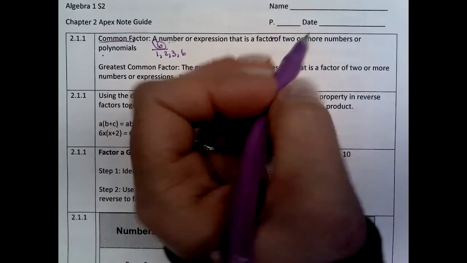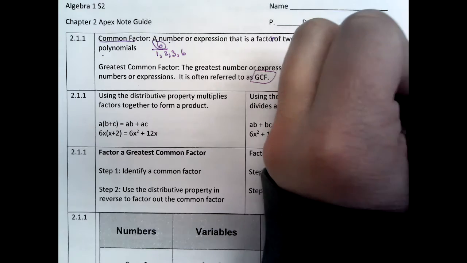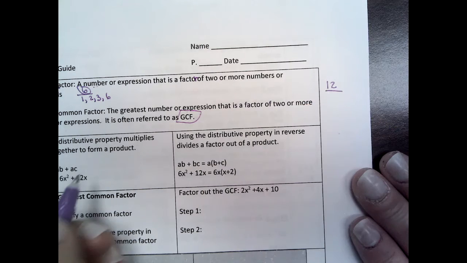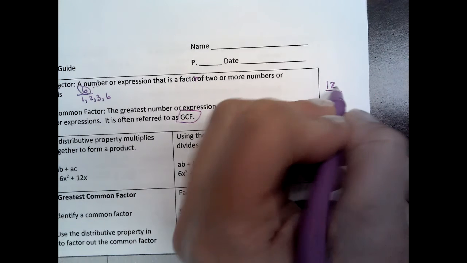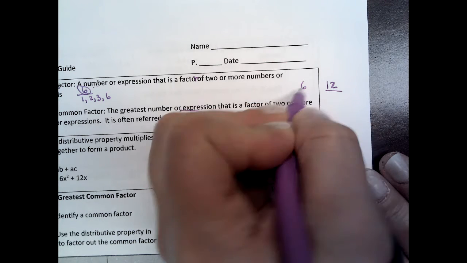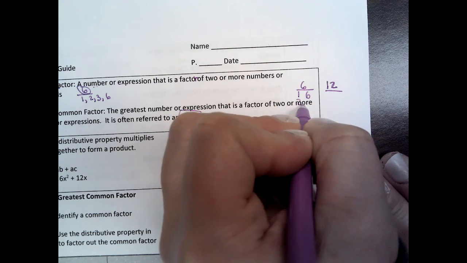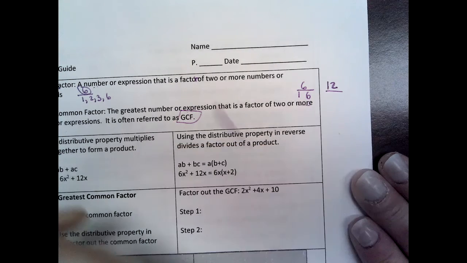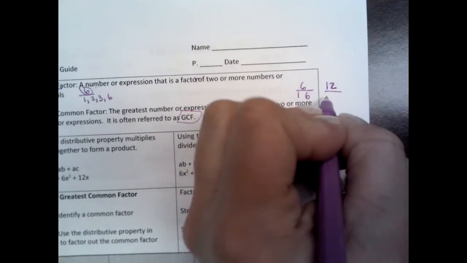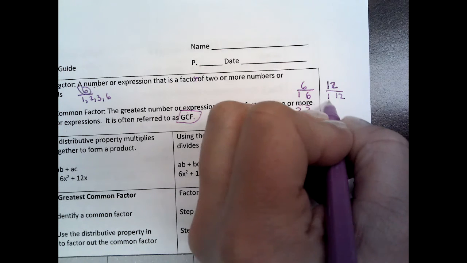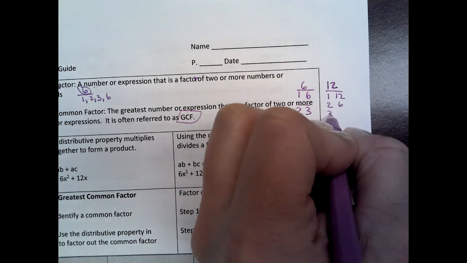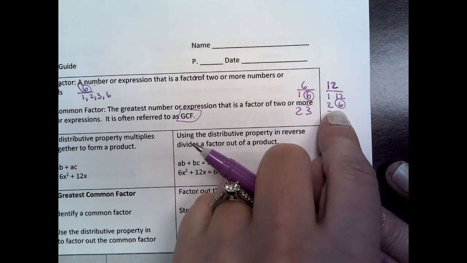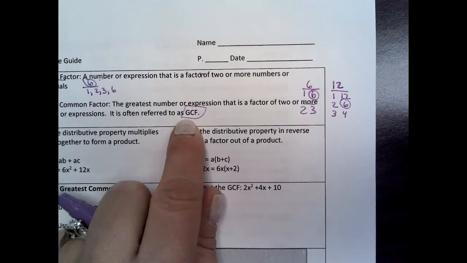So if I was looking at the factors of 12 and 6: for 6, it's 1 times 6 or 2 times 3. And for 12, it would be 1 times 12 or 2 times 6 or 3 times 4. So the greatest one that they have in common is 6. So that would be my greatest common factor.